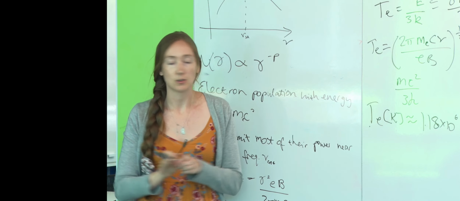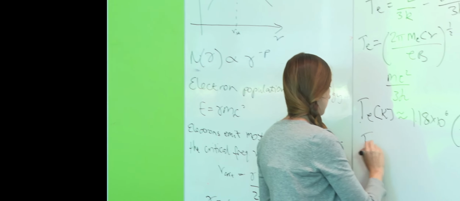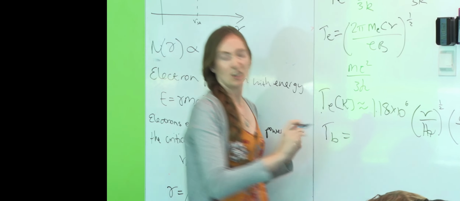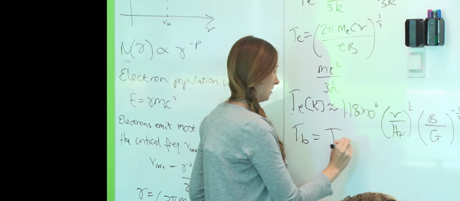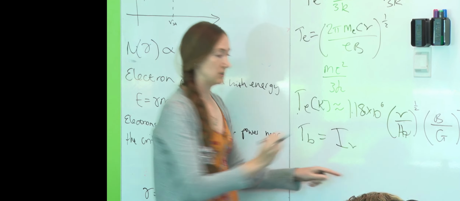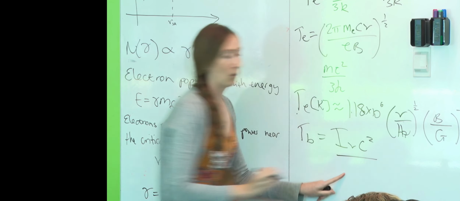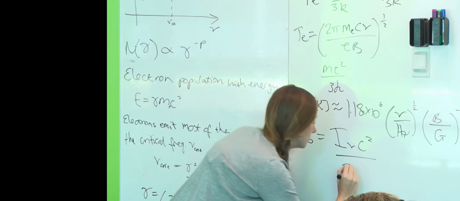And so the brightness temperature has this equation. The spectral intensity with frequency, c squared over 2k mu squared.